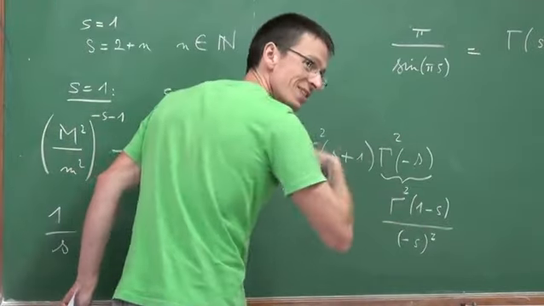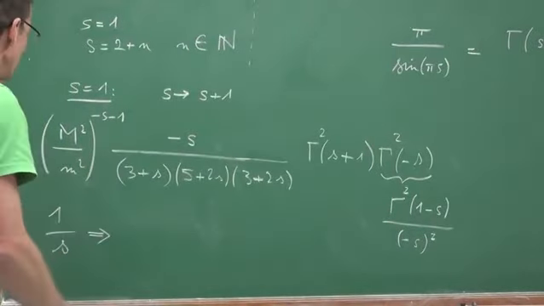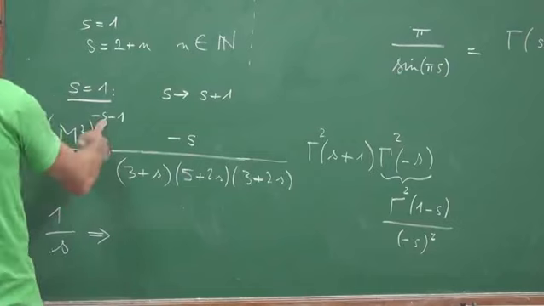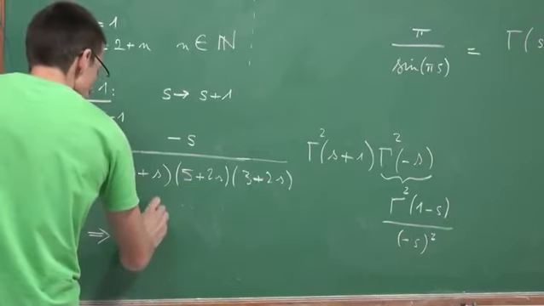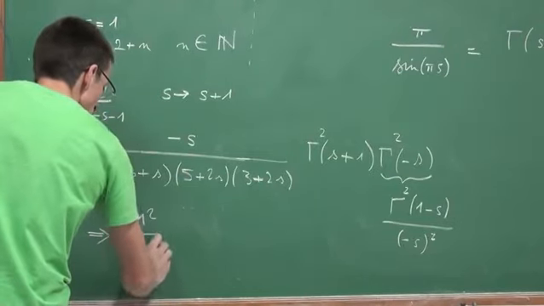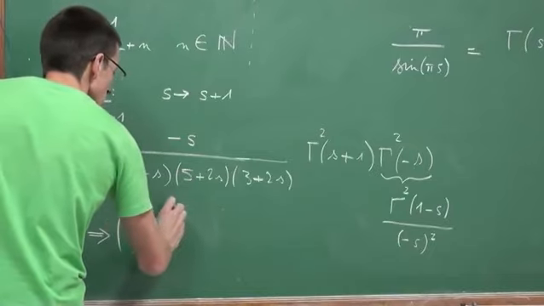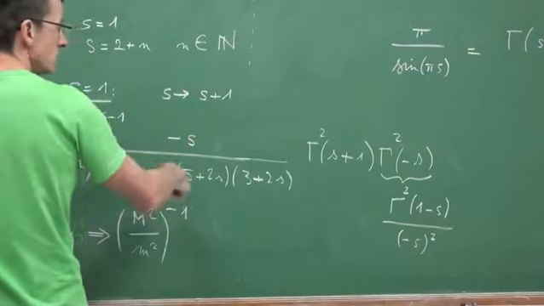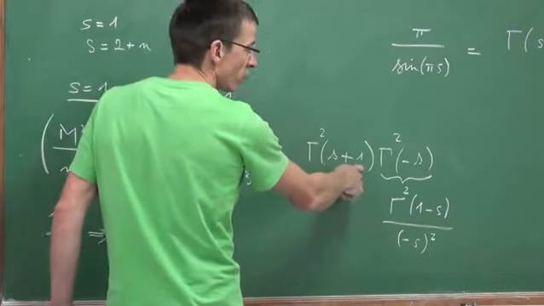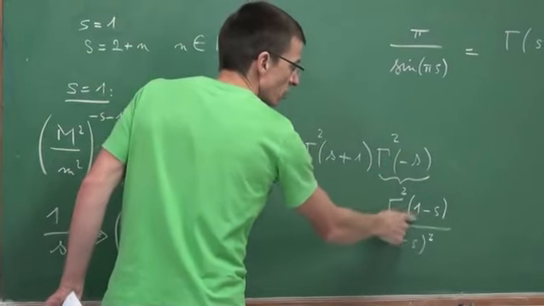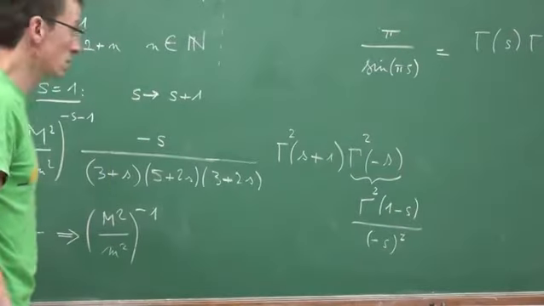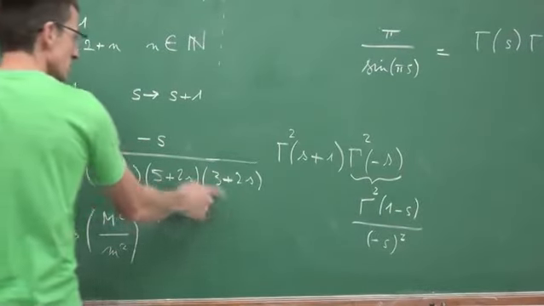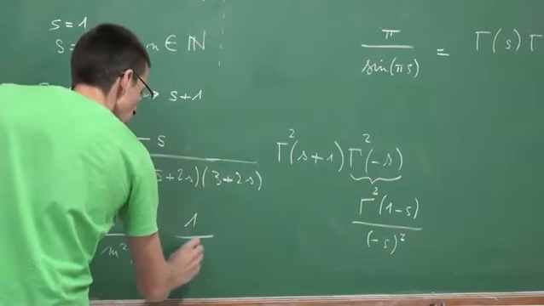Of course, I extract the singular part, and I get replaced by 0 n squared over n squared minus 1. Here I have the gamma function of 1 times the gamma function of 1, which is 1. And here this number, which is 1.45.